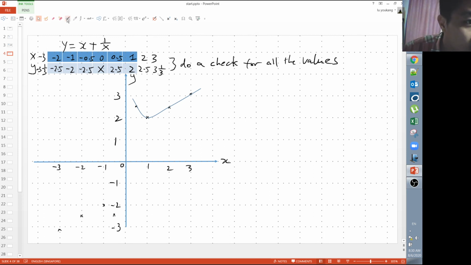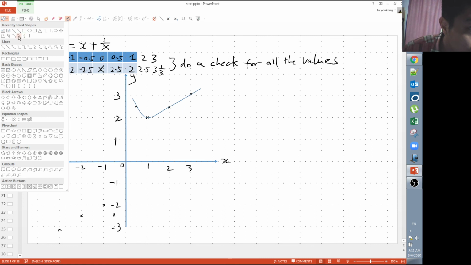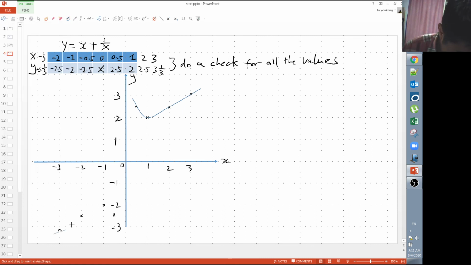So it looks like a tick, you know. Let me complete this side now. Okay, so you have another inverted tick.